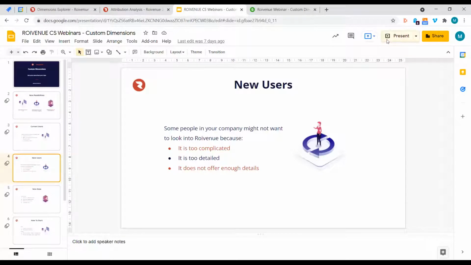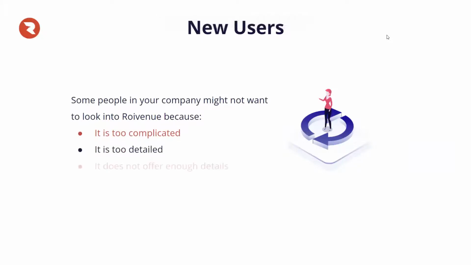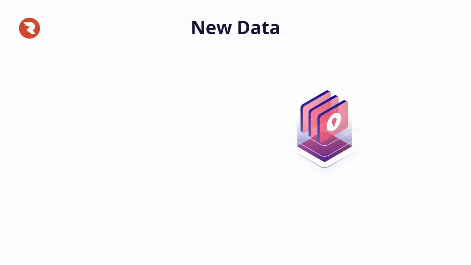And lastly, the last topic I would like to talk about is that it can actually add entirely new data into Roivenue. Because as you might know, in the past, it was difficult to add any more data into Roivenue.